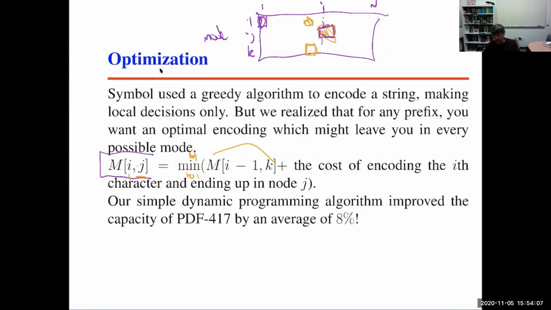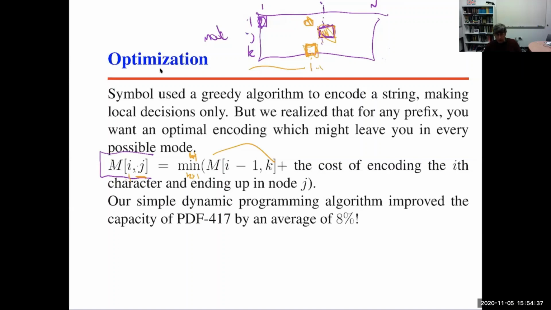It might be output the code and then jump into mode J. I claim, once I am at a point where I've encoded the first I-1 characters in mode K, there is an easily obtained cost to go from here to outputting the next character and ending up in a mode.